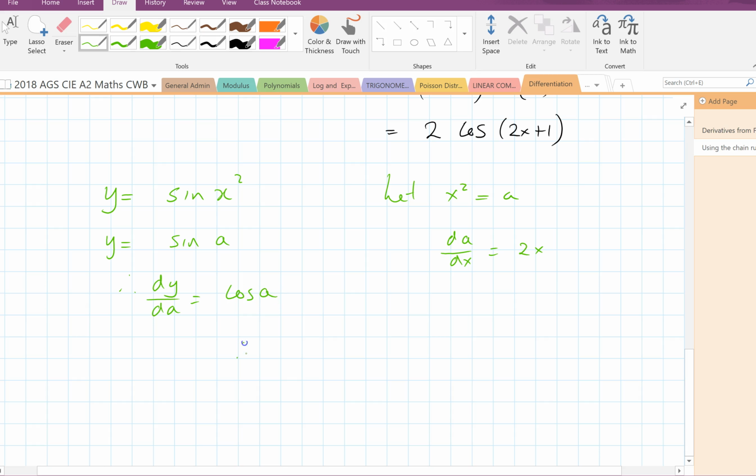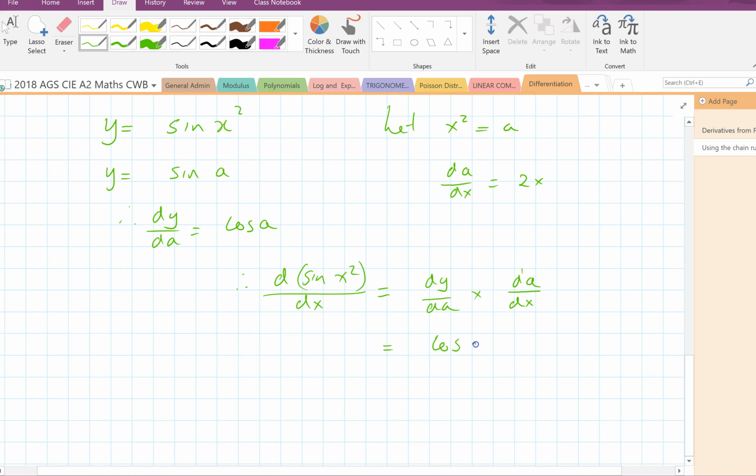And so using my chain rule I can say the derivative of the sine of x squared with respect to x is going to be dy/da times da/dx.